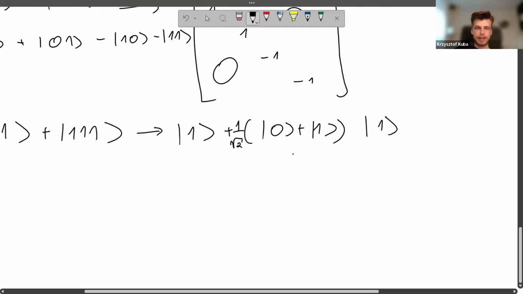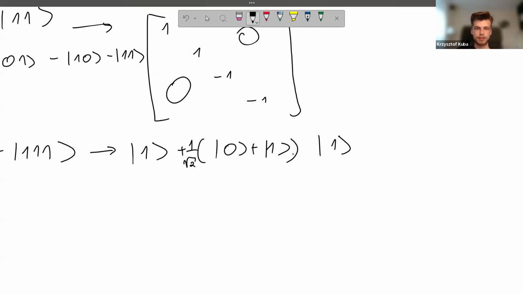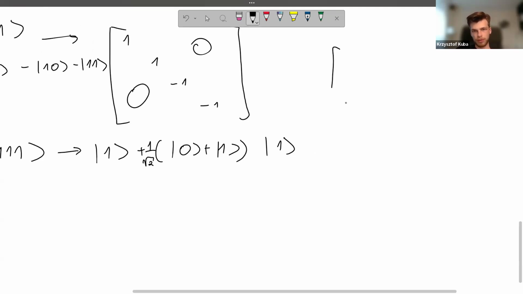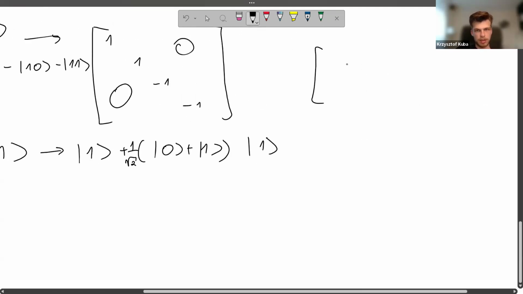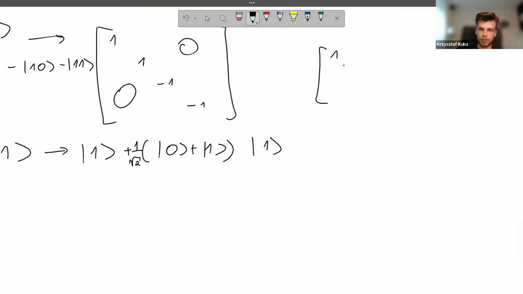So with this one, we can construct this state. Let's say it will be then a huge oracle with some zeros here and 2 ones, with ones on diagonals and some with minus 1s corresponding to those states.